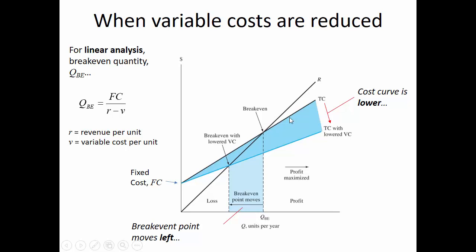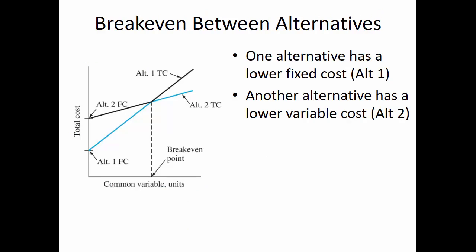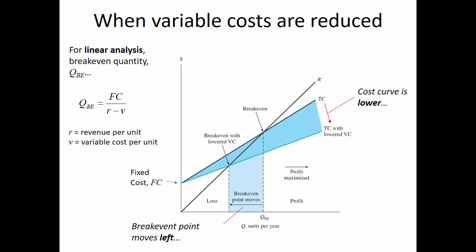Like if I could grab onto this line and lift it up, and the revenue curve stays the same. So if I'm just lifting the cost curve higher, then this point of intersection would shift further to the right.